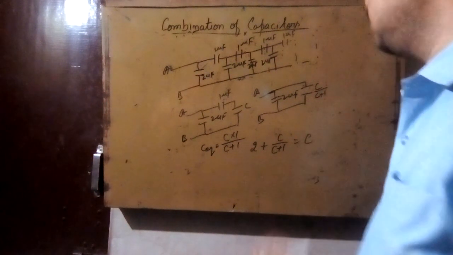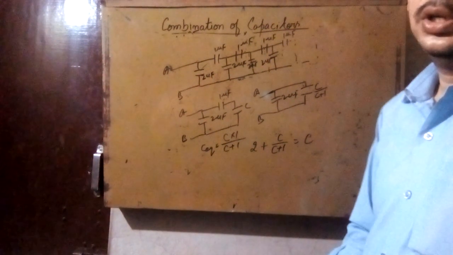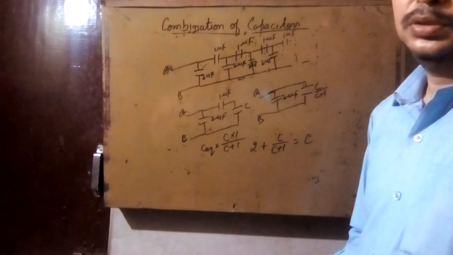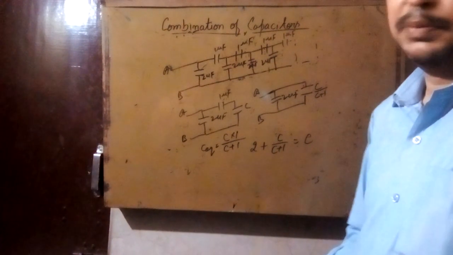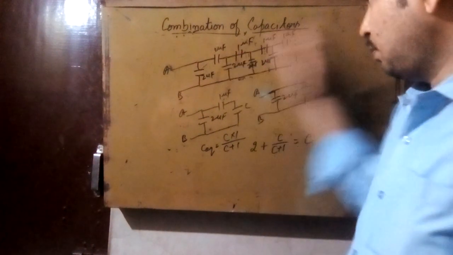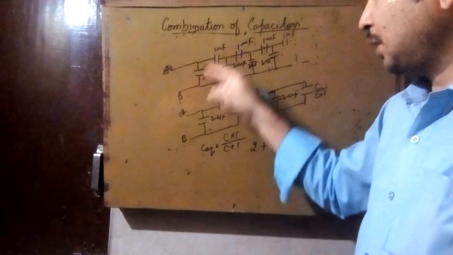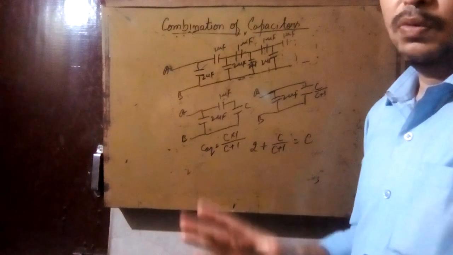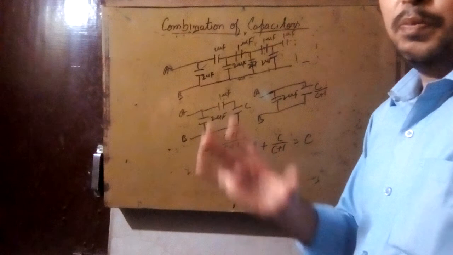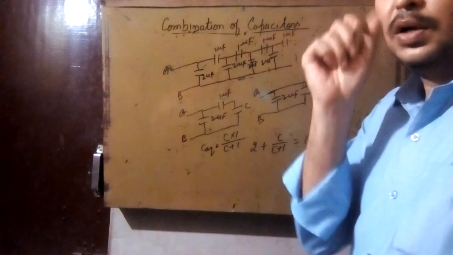And that will be equal to C only, because adding one pair to the combination will not change the net capacitance. Suppose the combination of all this is 200. If you are adding the combination of these two, which is 1, then 1 plus 200 will be nearly equal to 200.